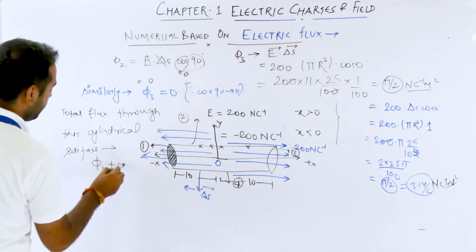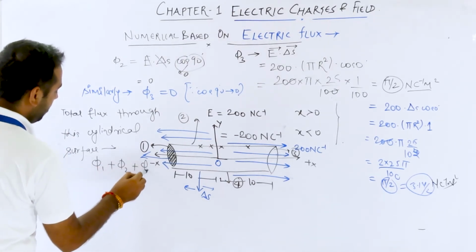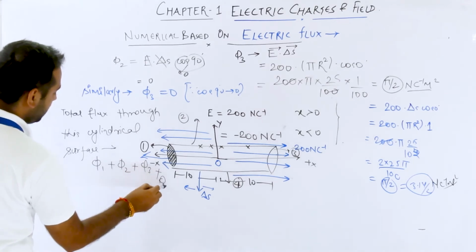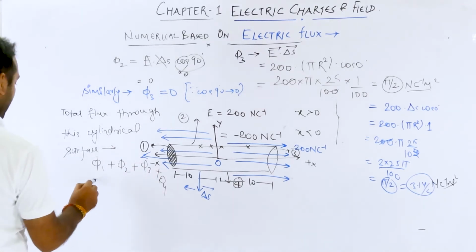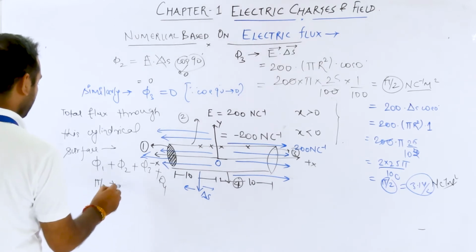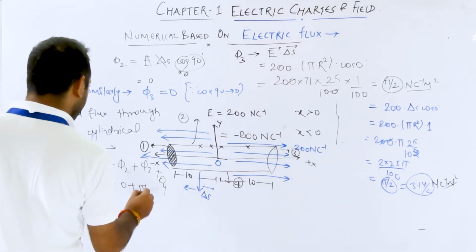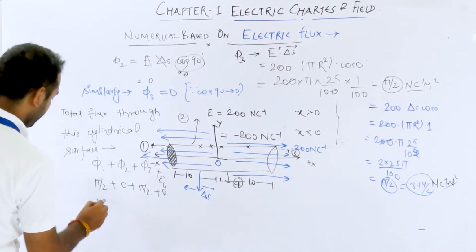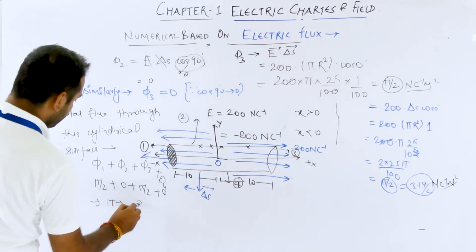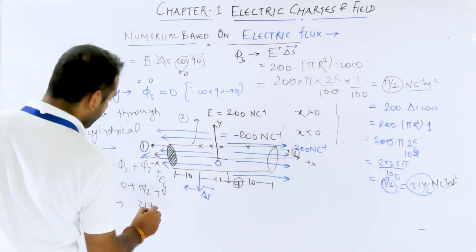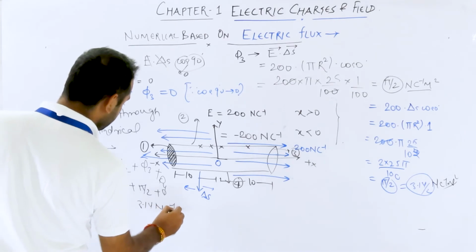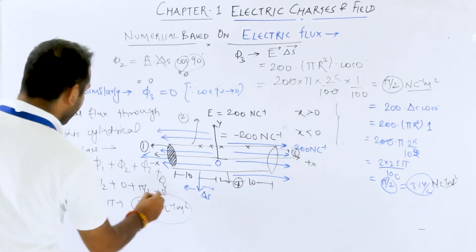Simply add all these quantities, phi 1, phi 2, phi 3 plus phi 4. It is simply pi by 2 plus 0 plus pi by 2 plus 0. It is simply pi, and pi is 3.14. Obviously Newton per Coulomb meter square. That should be my final answer.